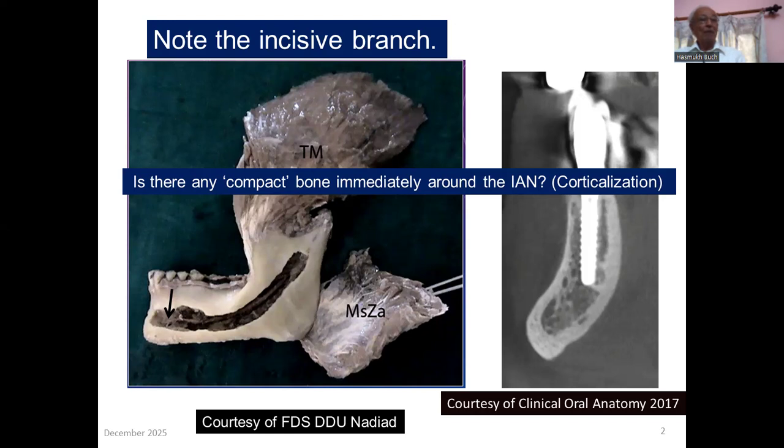And that compact bone is different from the compact bone that we find on the surface, which we have already examined along with the implant, right on the surface of the mandible. So this inner compact bone can be expressed as corticalization.